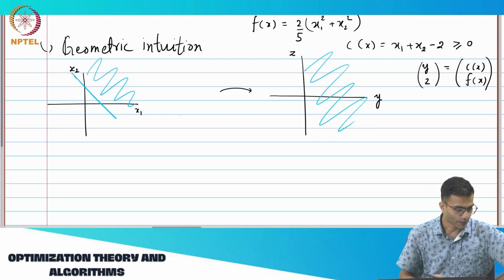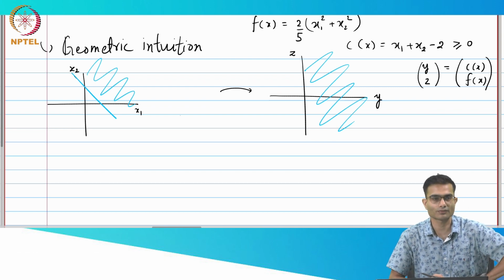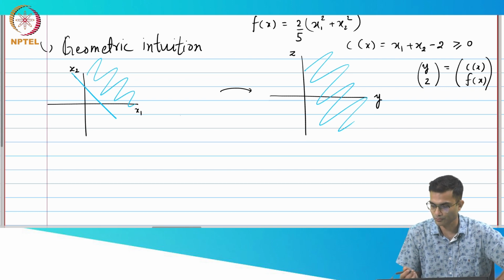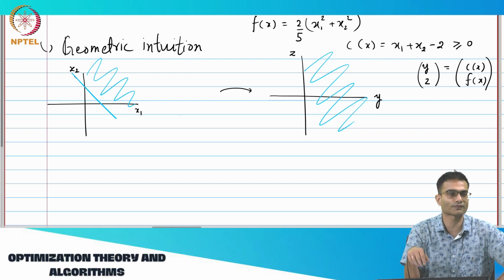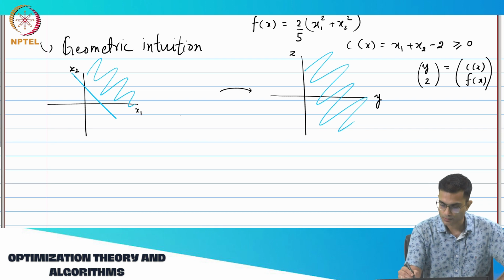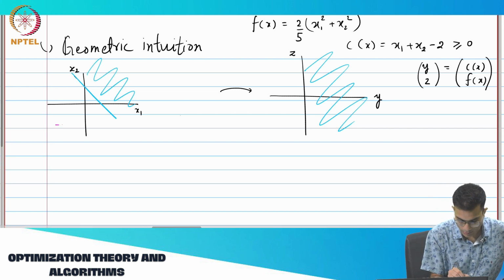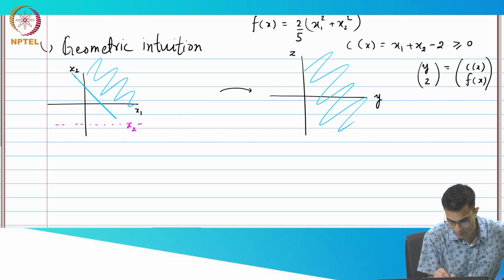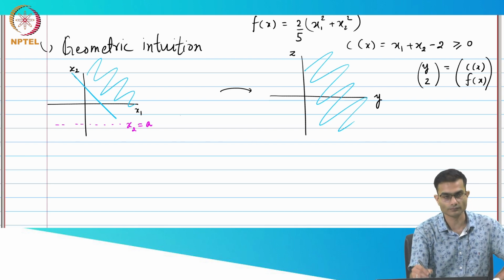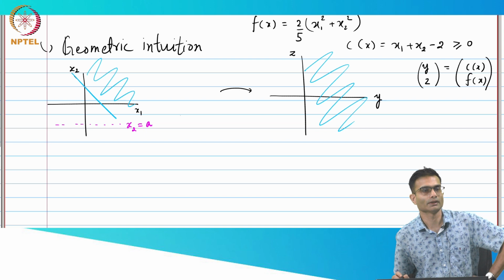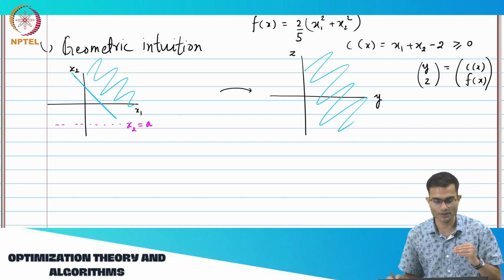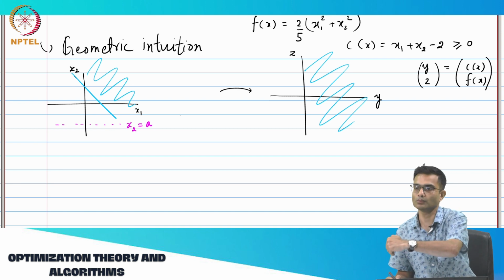Okay. Then what do I have? This is not enough, obviously. I need to also figure out what are the contours of the function, etc. Right? So let's start that analysis. For example, let me consider a line x2 is equal to a. Let's try to see that if I take a line in the x1, x2 plane, what does it get mapped to?